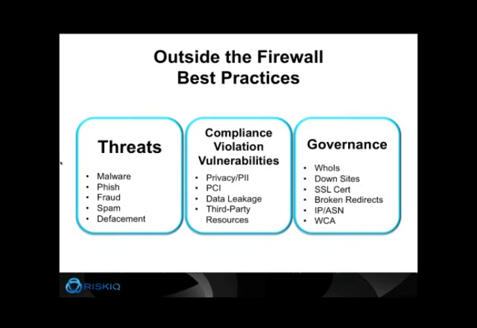The second area is there's some basic compliance issues that come up with outside the firewall assets. Because we have no way of actually blocking and scanning these assets dynamically, we have to scan them from a third-party perspective, from the outside looking in.